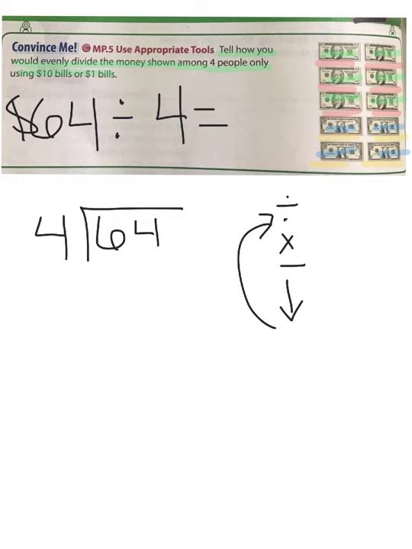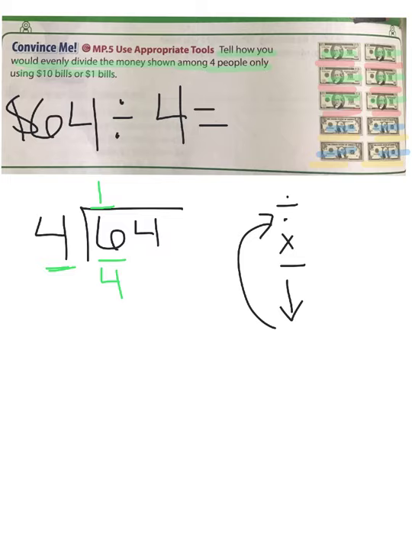So let's first start with dividing. We want to see how many times 4 goes into 6. Well, 4 can only go into 6 one time because 4 times 1 is 4. 4 times 2 would be 8, which would be too many.